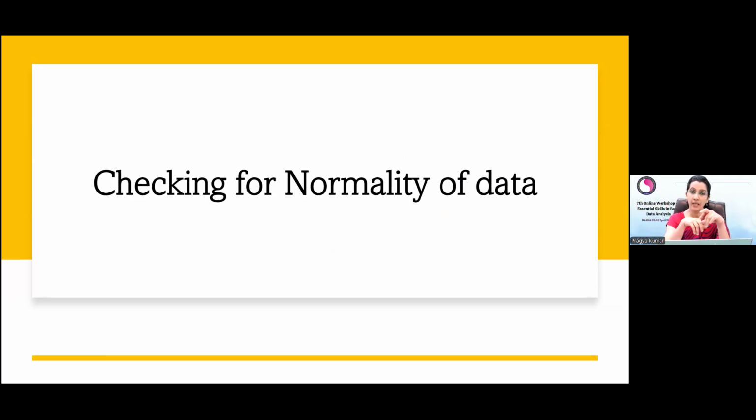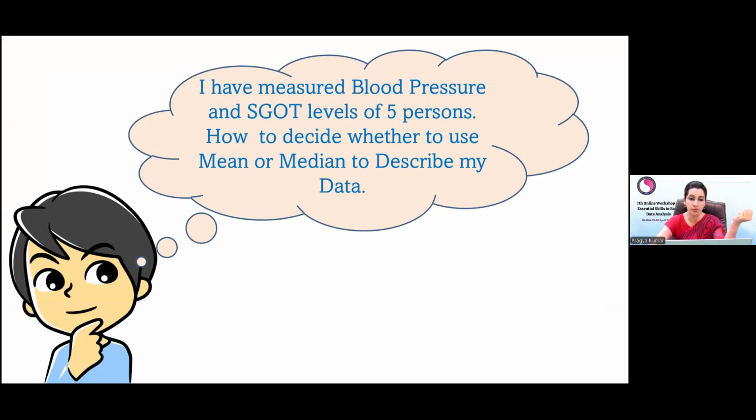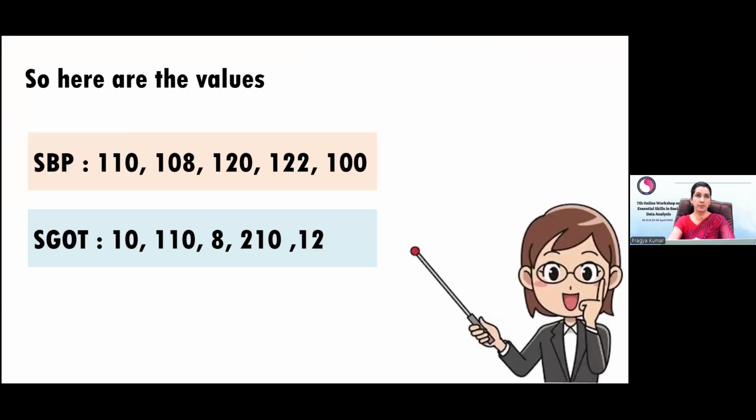And for that, there is something known as normality, how to check whether your data is normal or not. For example, I have measured the blood pressure of, let's say, 5 people and SGOT level of 5 people. So how to decide whether I should go by mean or median to describe my data set? This is one example you can see here.